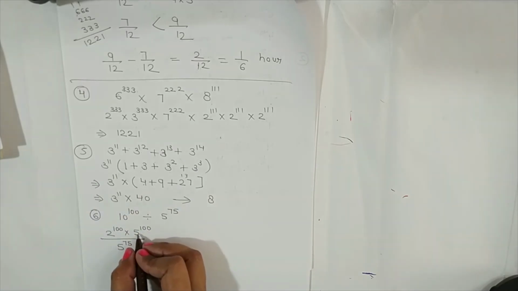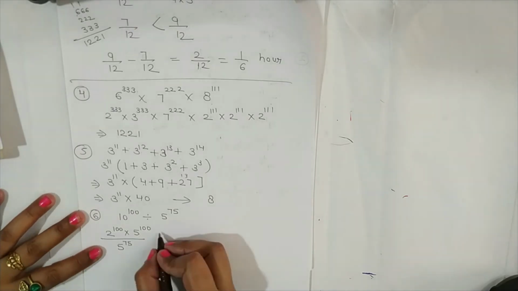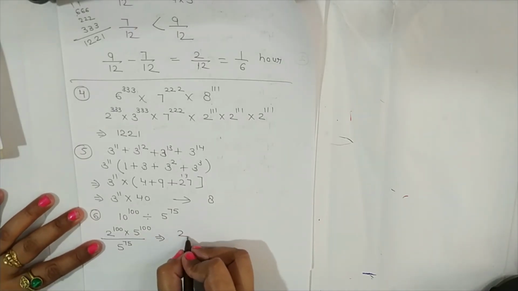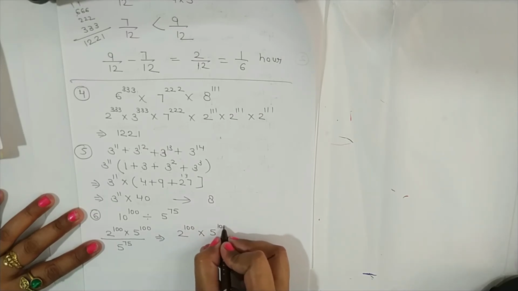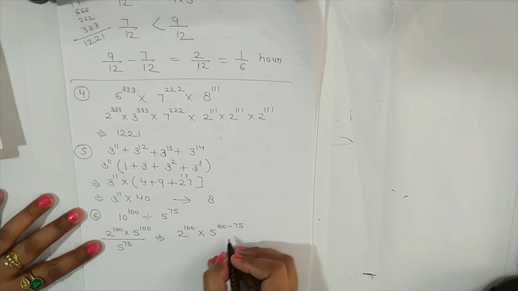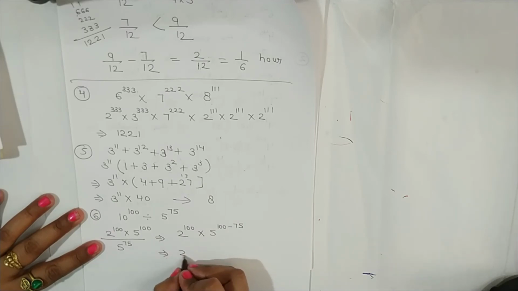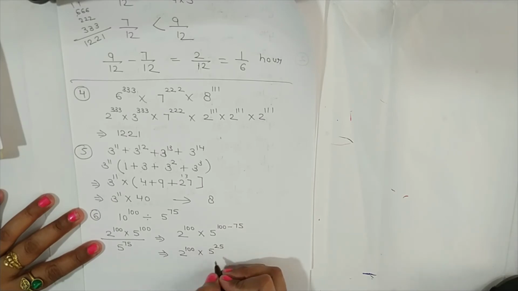Now again it can be reduced, 5 to the power 100 minus 75. So the answer is 2 to the power 100 into 5 to the power 25.